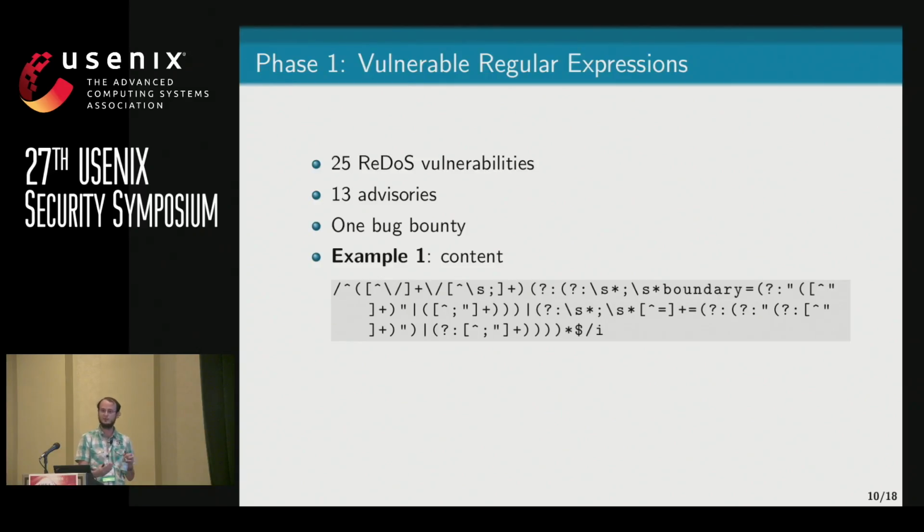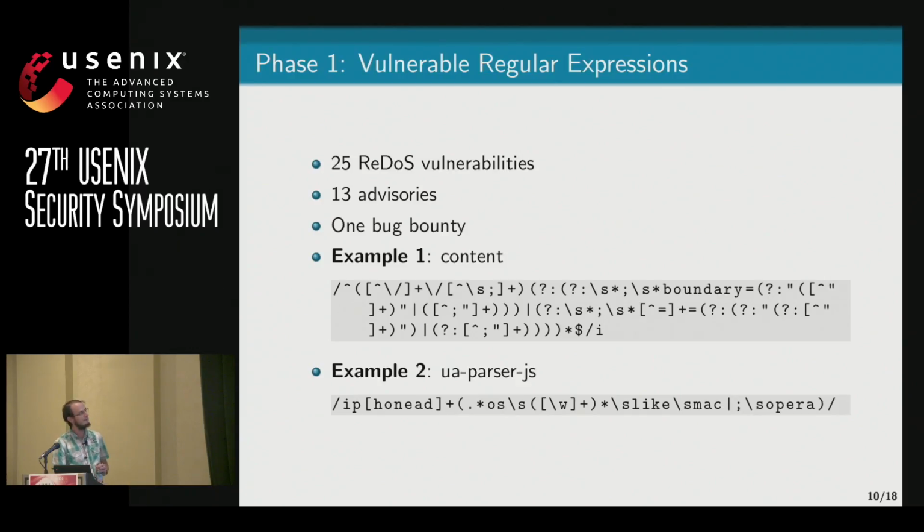And this gets confusing for the regex engine, which would try to match a space in different ways. A more serious vulnerability we identified was in the UA parser JS package. This is a package for parsing user agents. And this is an exponential vulnerability because we have two nested repetitions here.